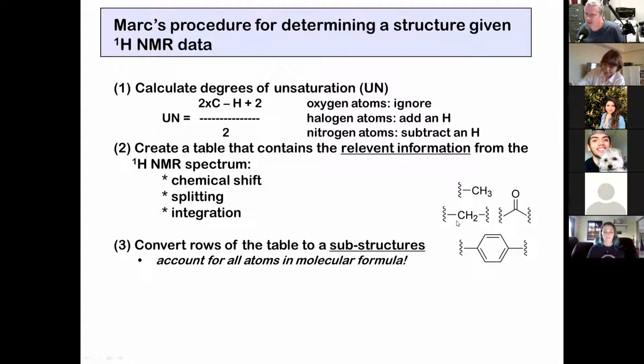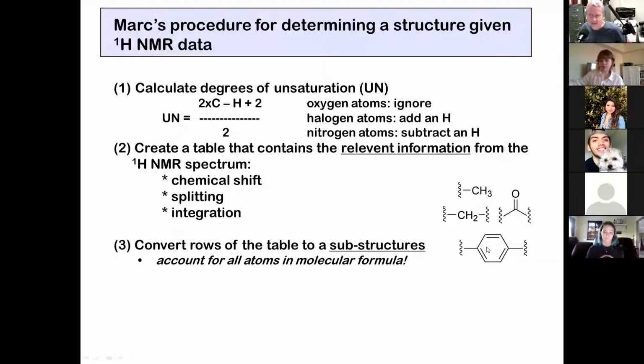How many squigglies would a CH have? You have a CH, how many attachments are there on the CH? Maybe 4 minus 1 is, anybody know math? 4 minus 1, nobody has it. All right, I'm going to teach you elementary arithmetic. Yes, a CH would have 3 squigglies, right? So you draw the squigglies. And then sometimes it'll be like a ketone. We'll figure out how we determine there's a ketone.